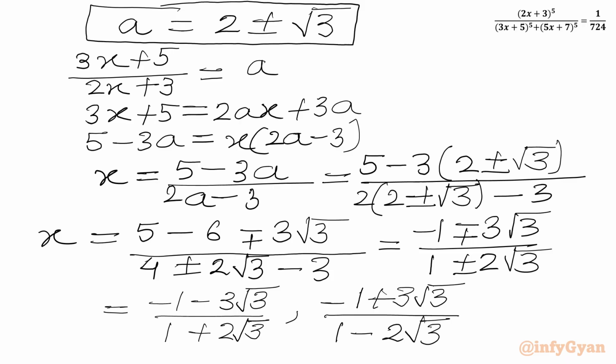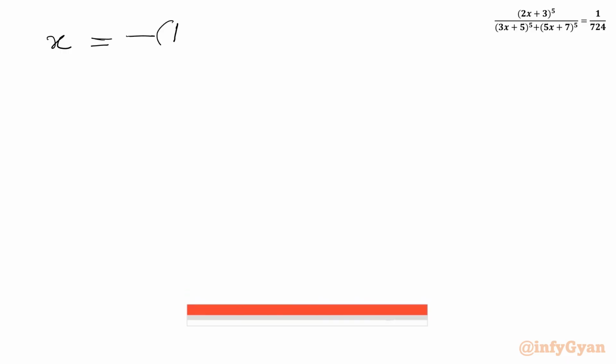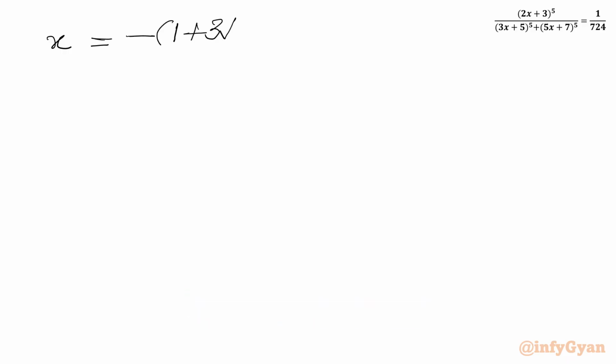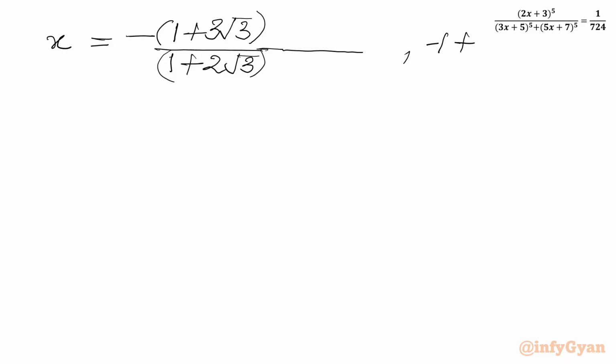Now we will rationalize our denominator. So let me write here x equal to, let's take minus common, minus times (1 plus 3 root 3) over (1 plus 2 root 3). And the second solution would be minus 1 plus 3 root 3 over 1 minus 2 square root 3.